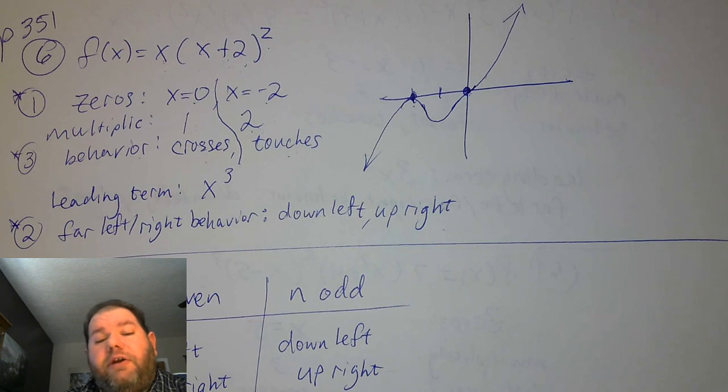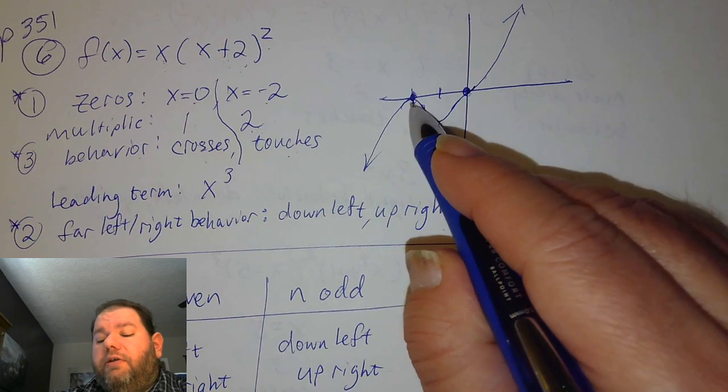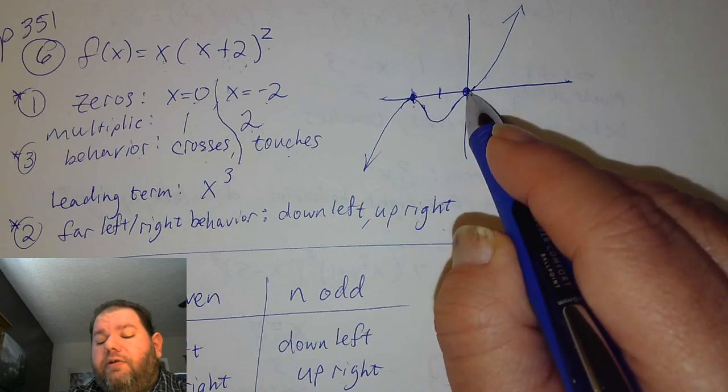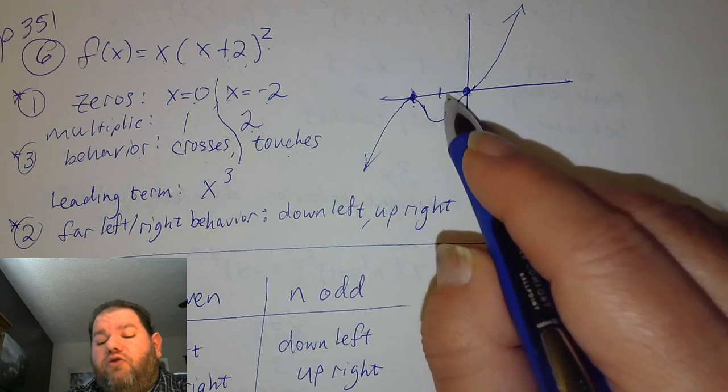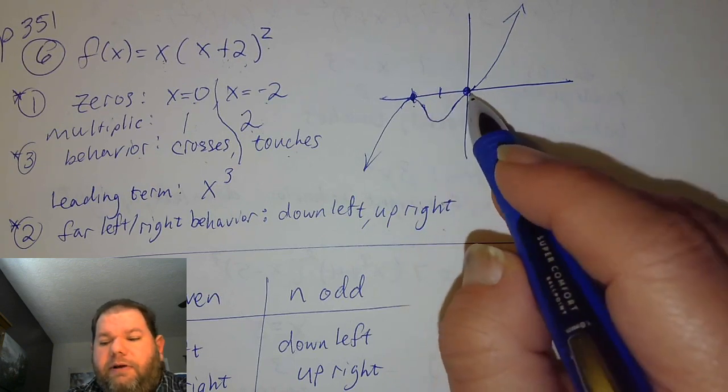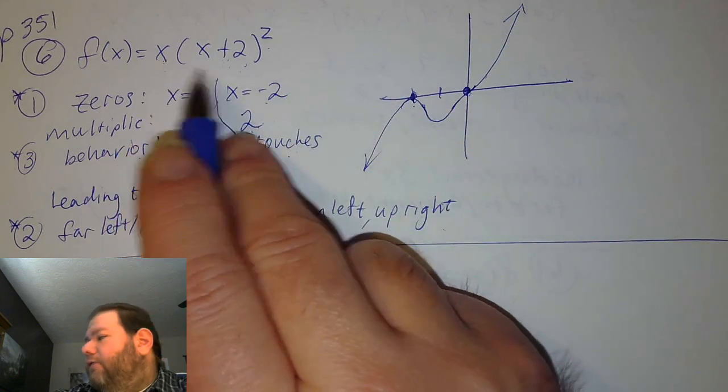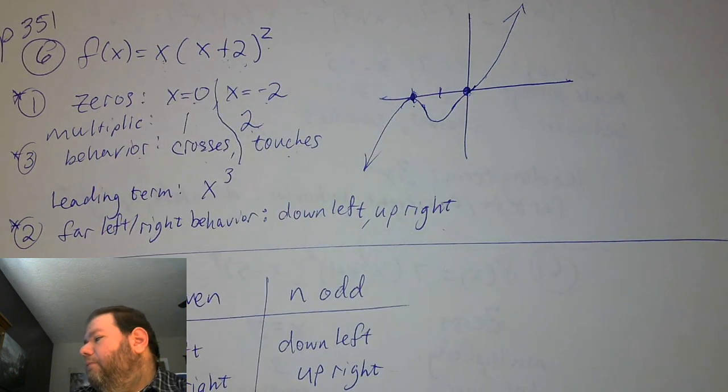We know there aren't any other zeros, so it should not cross the axis anymore beyond intersecting here and here. It should never intersect again between those 2 points, because we only have 2 zeros.